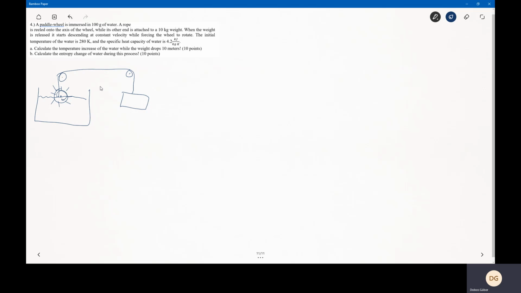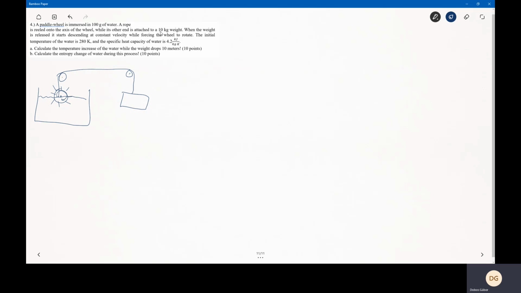It means that basically the drag force exerted on this paddle wheel by the water equals the force with which this body is pulling the paddle wheel, right? So basically all of the work that is done by this body on the paddle wheel is going to be transformed into heat.